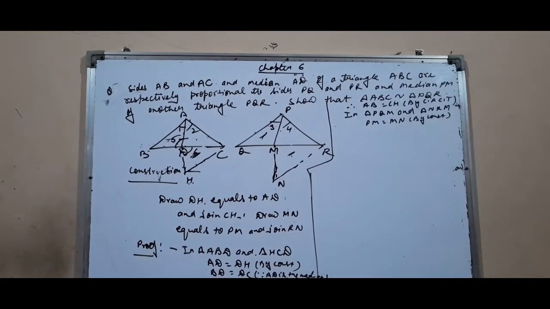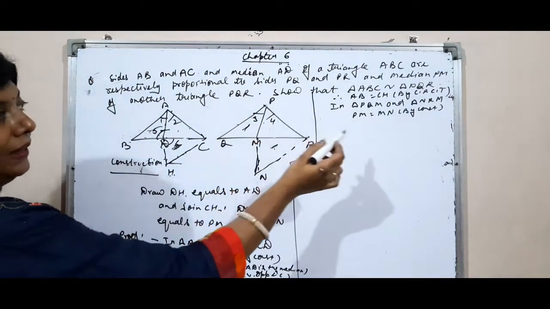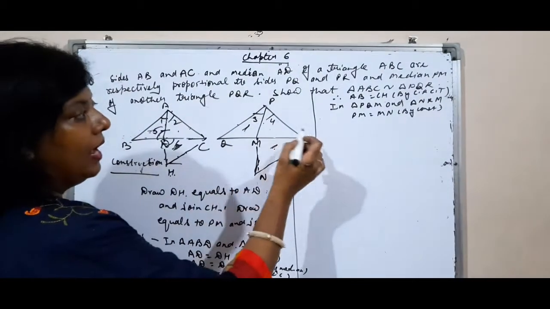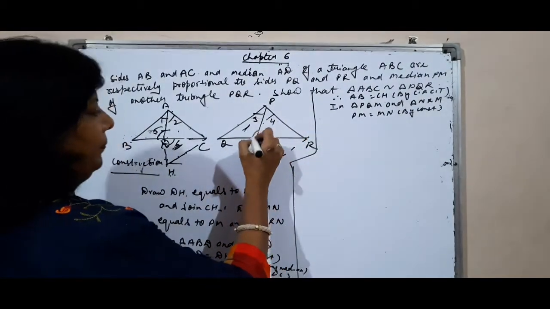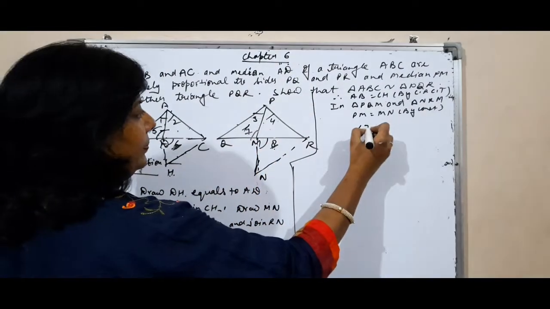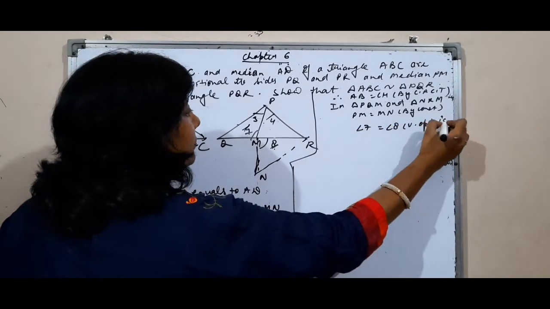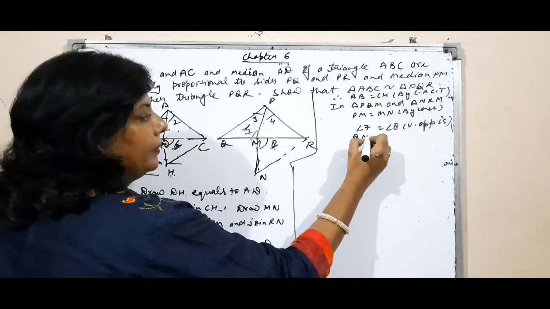Now in triangle PQM and triangle NRM, we are having PM equals to MN and angle 7 equals to angle 8, vertically opposite angles. And QM equals to MR. Why?